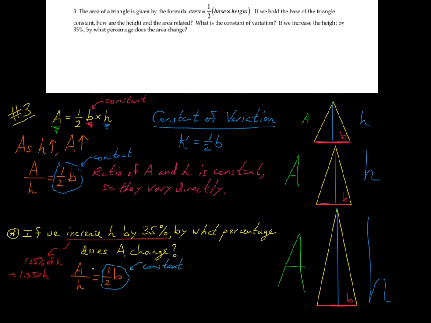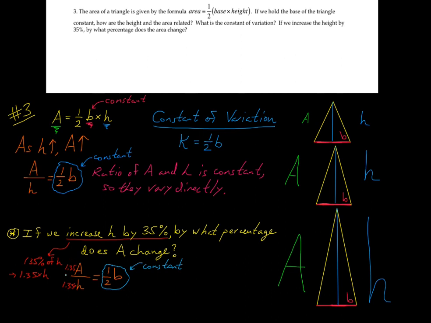So here's the deal. Going back to this equation, if I want to increase my original height by 35%, I'm going to accomplish that by multiplying the height by 1.35. But since this right side is fixed, it can't change, I then have to counteract. The area will have to increase as well in exactly the same fashion, so these 1.35s will wind up canceling out.